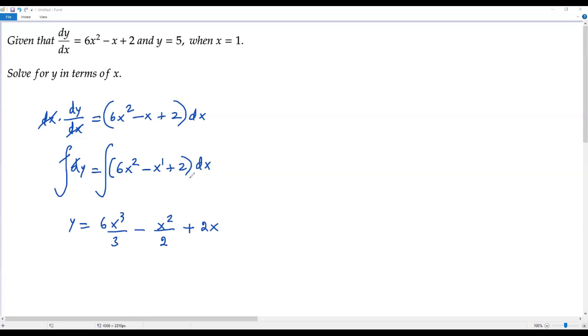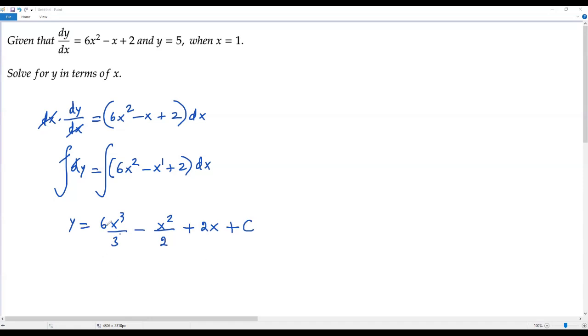Since I integrate here with respect to x, I just multiply this constant by x. Now we can simplify. One more thing: it's an indefinite integral because we don't have limits for the integral. Whenever I evaluate an indefinite integral, I always have to add the integral constant c.